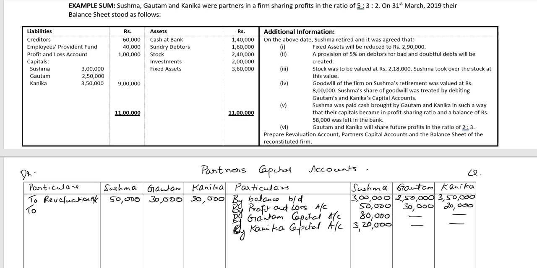And on the debit side, to Sushma, capital account. Under Gautam, 80,000 rupees. And under Kanika, 3,20,000 rupees.